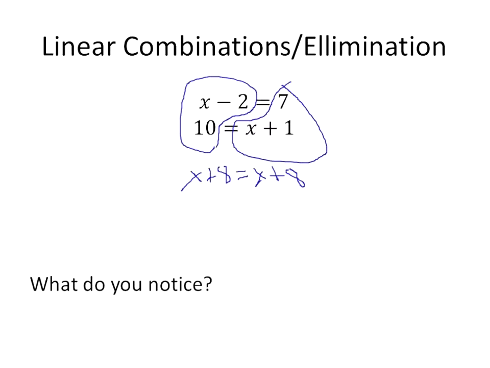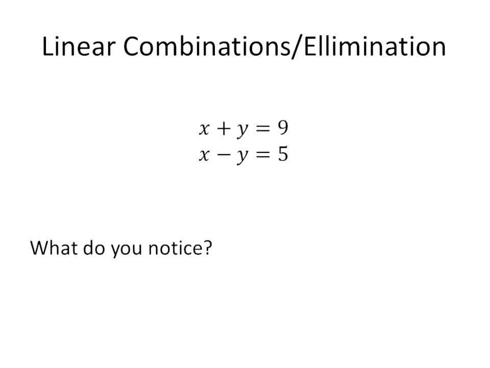So if I again add the two equations together, adding each side of the equal sign, then I end up with exactly the same thing. Now, what about in a different situation? What about here? Well, let's look at that.